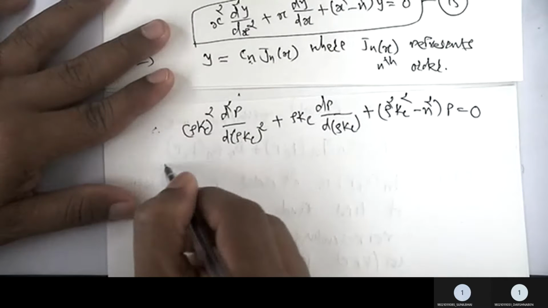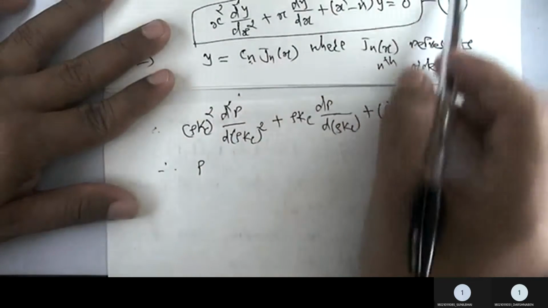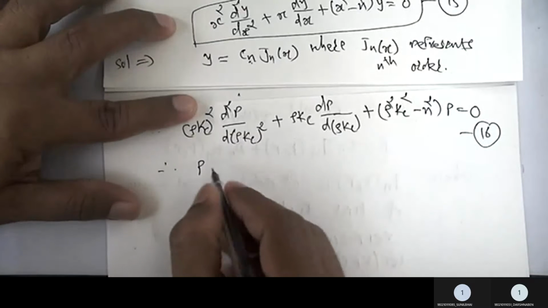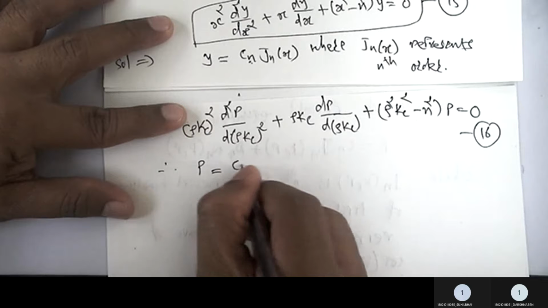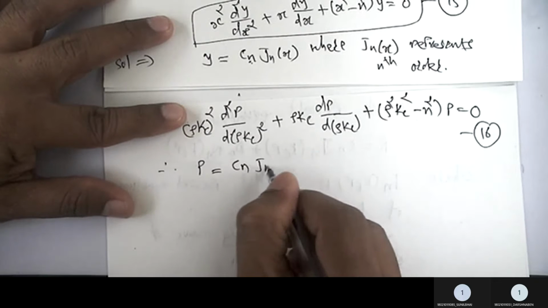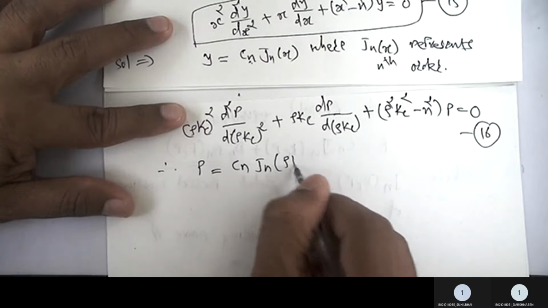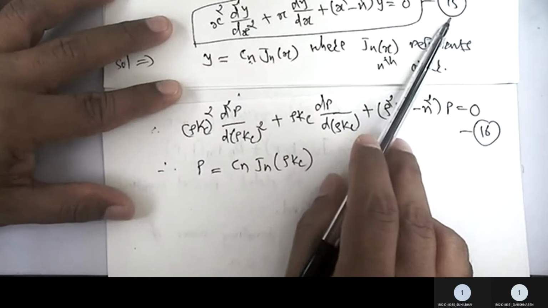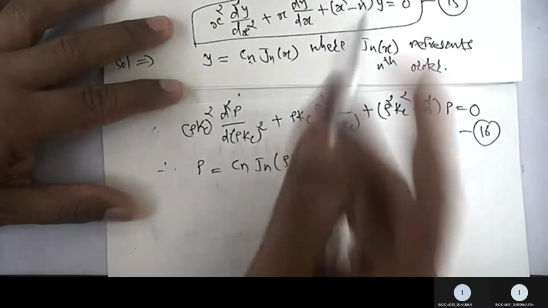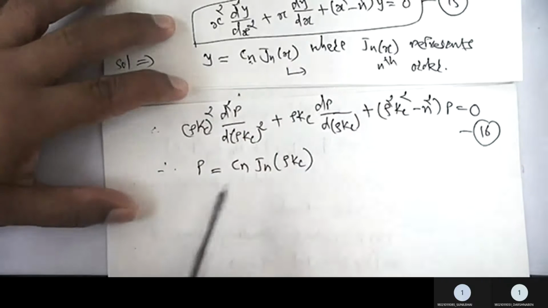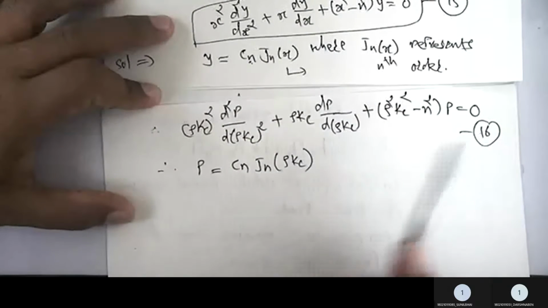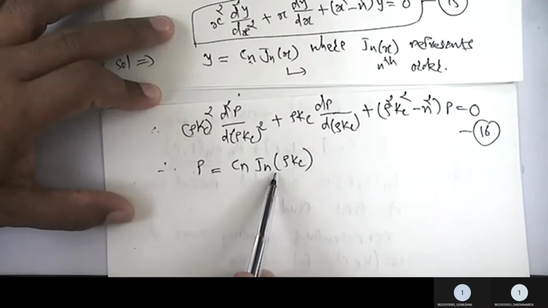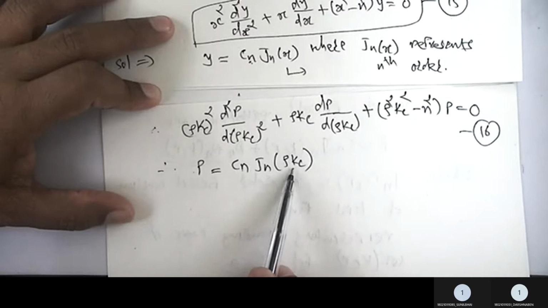From equations 14, 15 and 16, if you compare, you will see that p is nothing but c_n J_n of rho k_c. Because the solution of 15 is our expression, in the same way I can argue that the solution of 16 is p, which is some constant times a J_n function, the nth order Bessel function of the first kind.